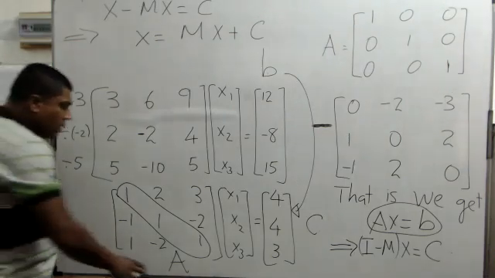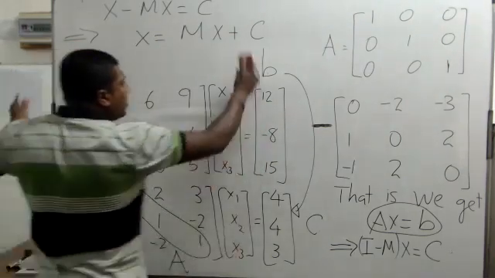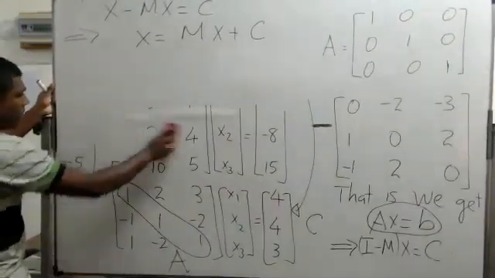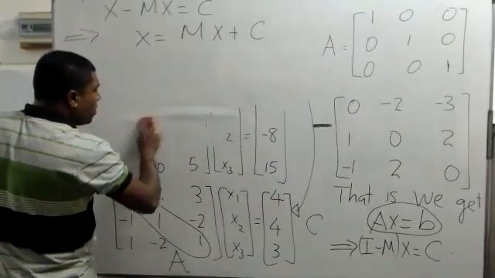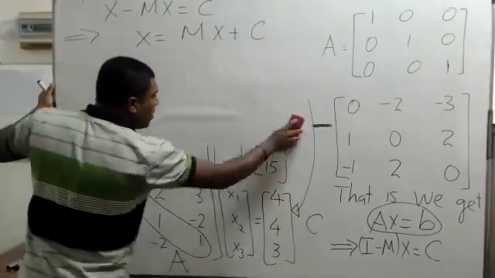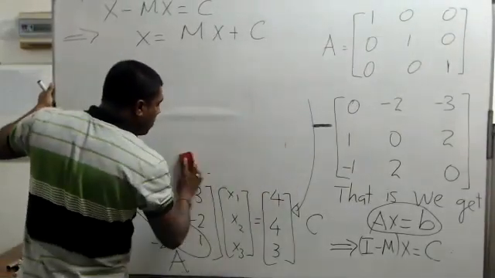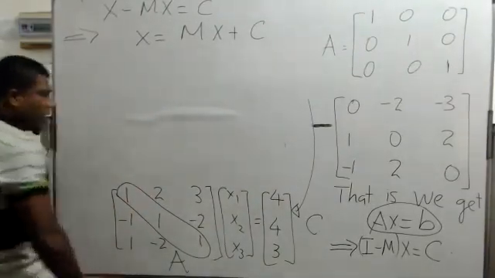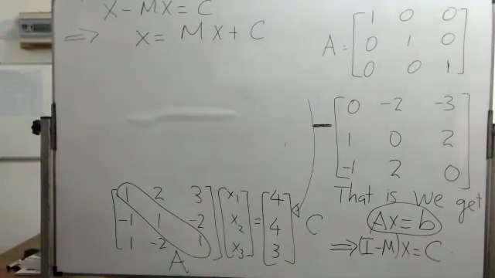After doing this, when we define an iterative method, we say that we will start with an initial value x naught, and we try to create a sequence of numbers x1, x2, x3 and so on.